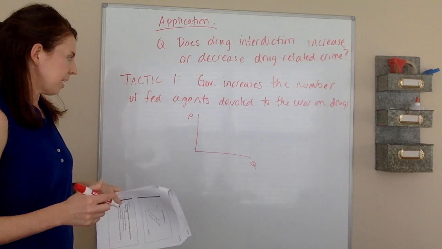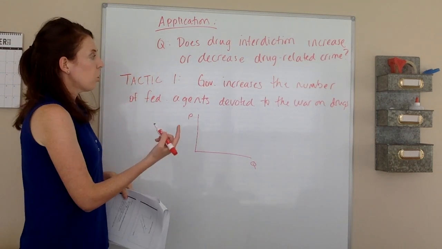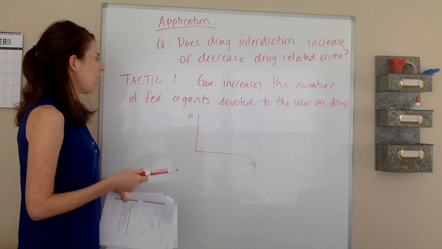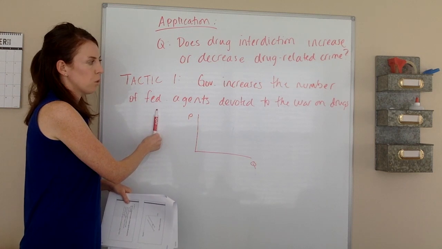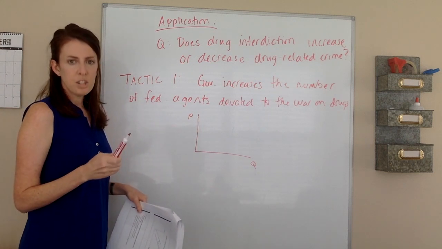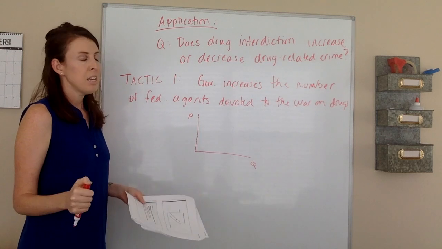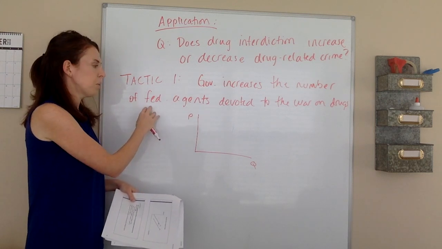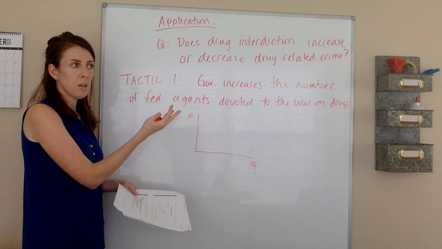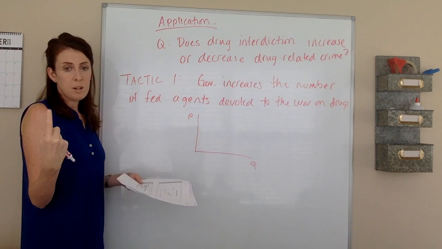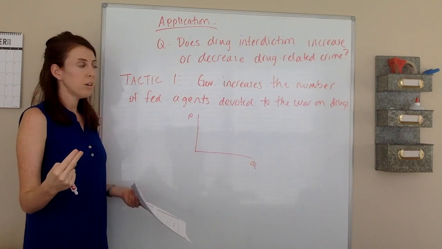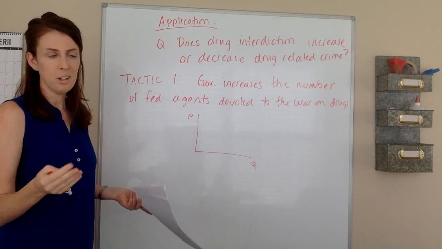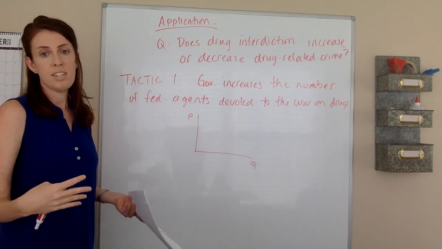Okay, so first thing. Question number one: what would you expect in terms of the side of the market that would be impacted by an increase in the number of federal agents devoted to the war on drugs? Well, federal agents often go after drug suppliers. If there are more federal agents on the street picking up drug suppliers and throwing them in prison, this would cause drug suppliers to either one, fix their behavior and quit selling drugs, or two, if the federal agents are good at their job and actually arrest a whole bunch of drug dealers, then either way we're going to get fewer drug dealers on the street.